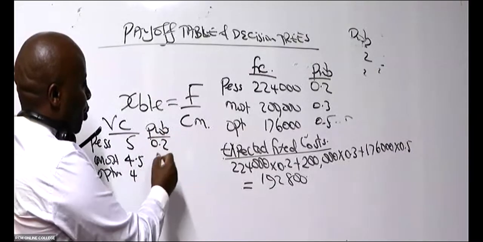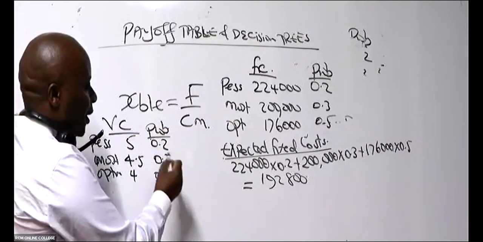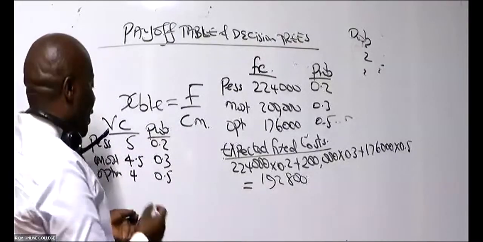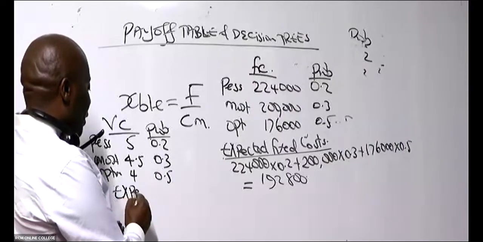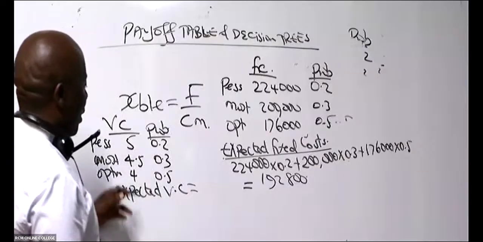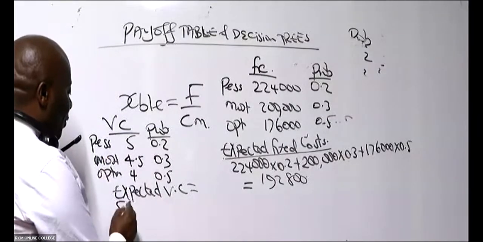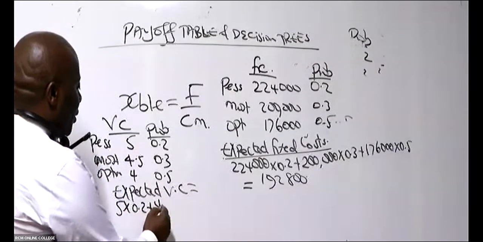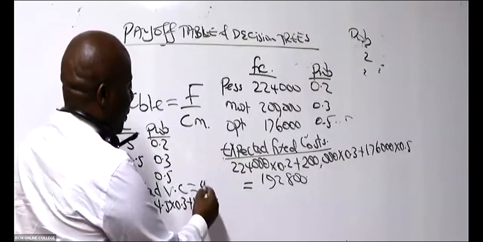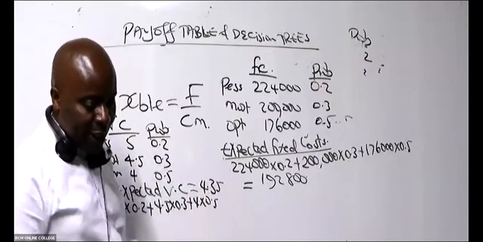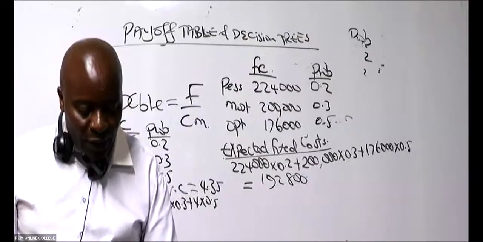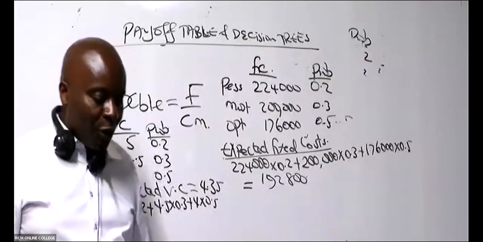So this is 0.2, 0.3, and then 0.5. So please give me the expected variable cost. So it will be 5 times 0.2 plus the others times 0.3, which gives me 4 point. The online guys are telling me it's 4.35.